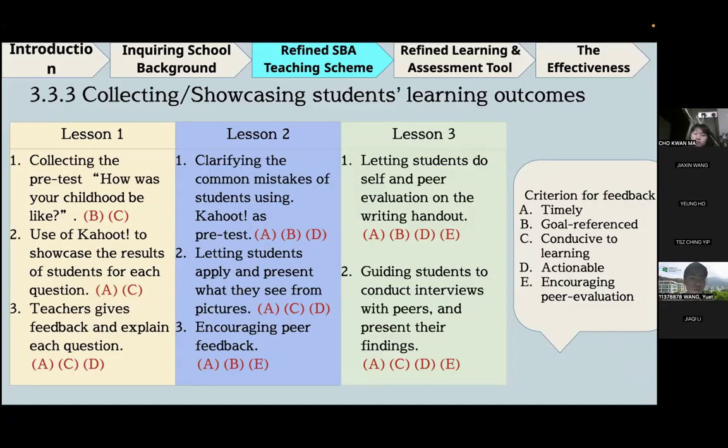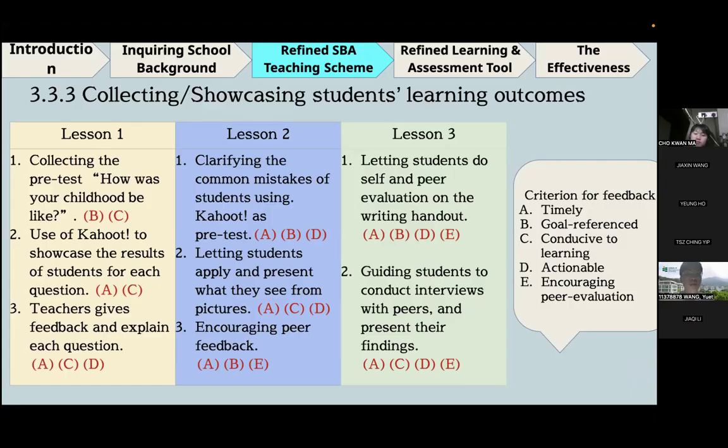Also, the use of Kahoot can help the teacher to gather and showcase the results of students for each question, and it is very timely and very conducive to learning. And lastly, for lesson 1, the teacher will also give feedback and explain each question from time to time, which aligns with the criterion of timely, conducive to learning, and actionable.